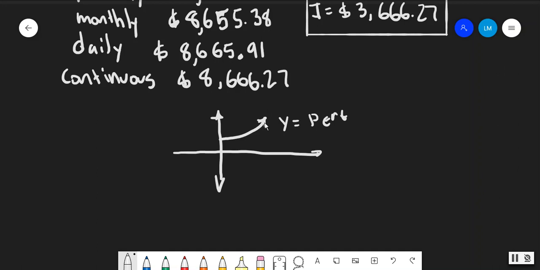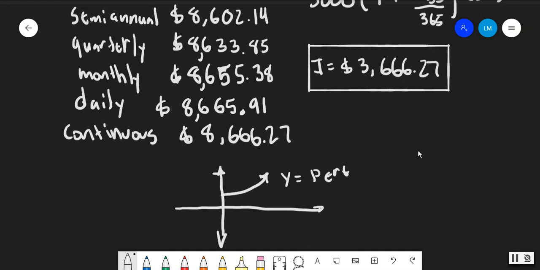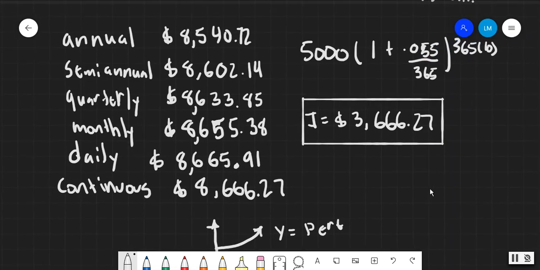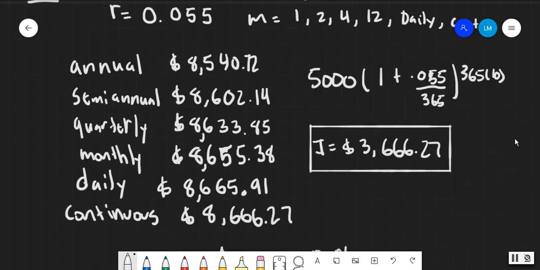But in actuality, it's going to be approaching a very small value in this case, which we found: 8,666 and 27 cents in this case. Or just look at it like that was the largest interest amount that was paid back for that.